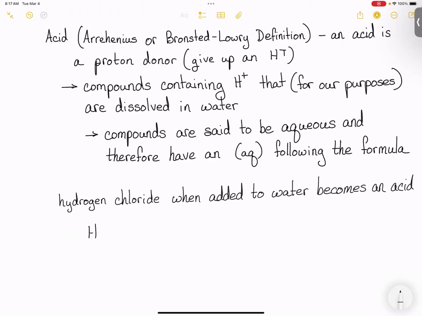So HCl, when added to water, becomes an acid, and it dissociates to form a hydrogen ion and a chloride ion.